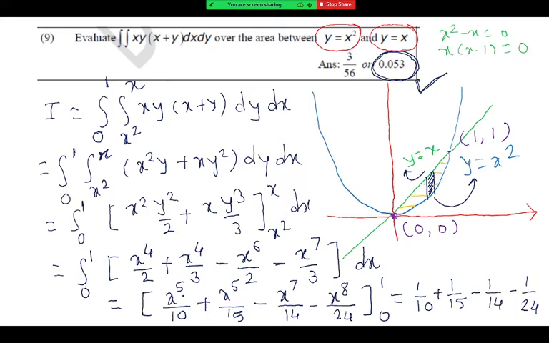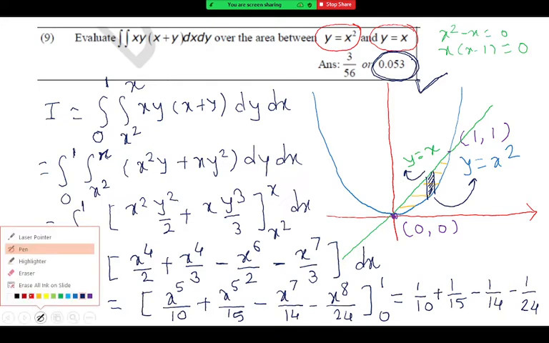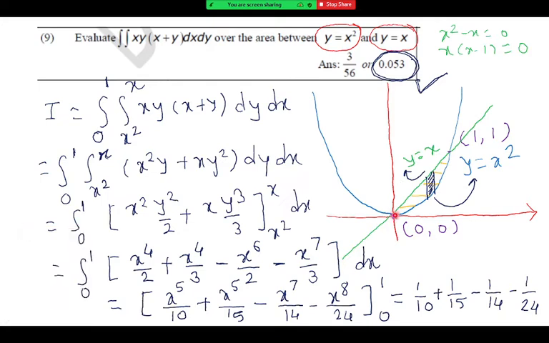Shade the region of integration, and then take the strip that you want, vertical or horizontal. Once you take a strip, remember the strip is not stationary. It is actually moving from the minimum point x equal to 0 to x equal to 1.